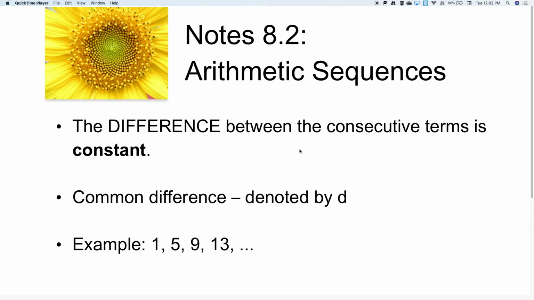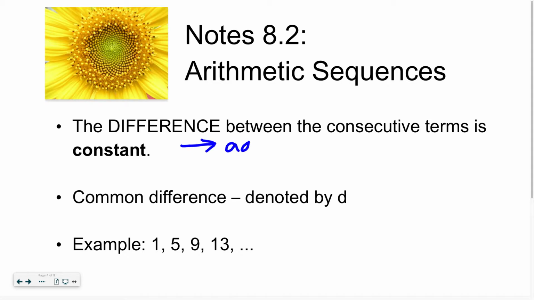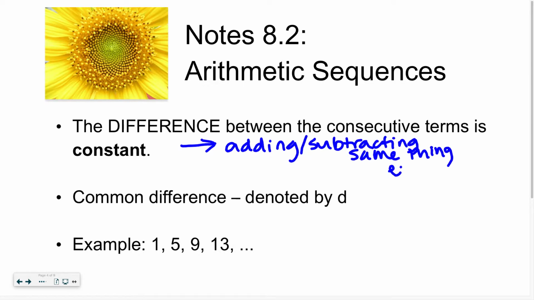The difference between consecutive terms is constant. Basically, in my own words, I'm adding or subtracting the same thing every time. That's a pretty easy pattern for you to spot.